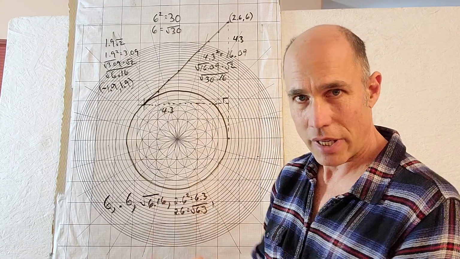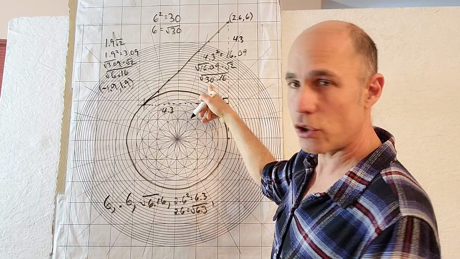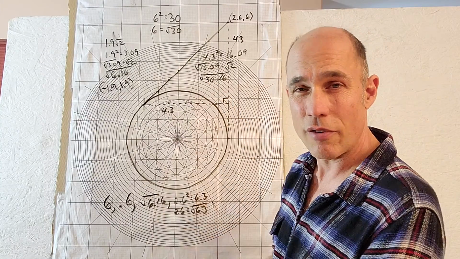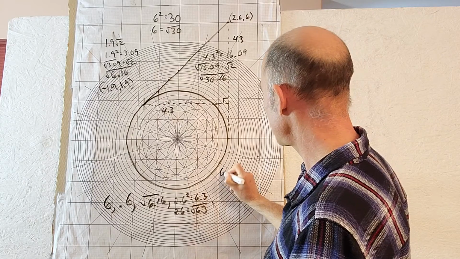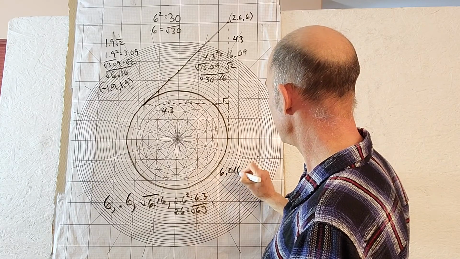So I did a little bit of calculating, and I discovered that the actual square root of 30.16, or very close to it, is 6.016.